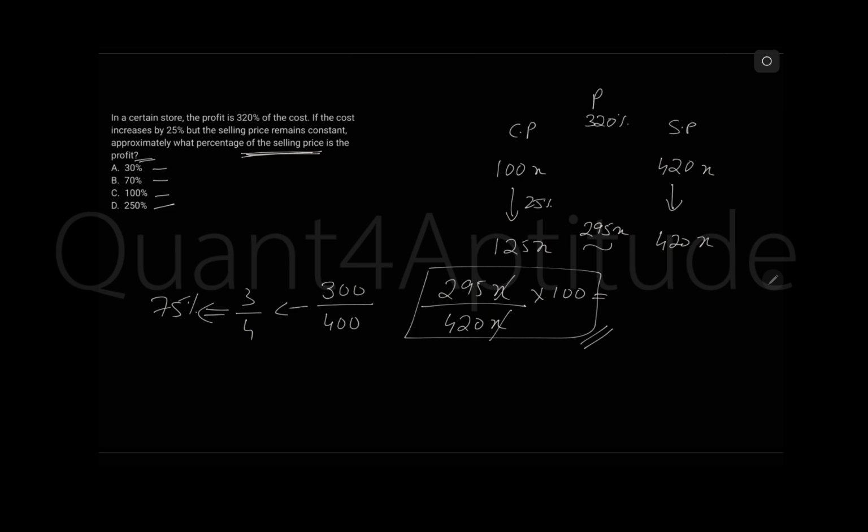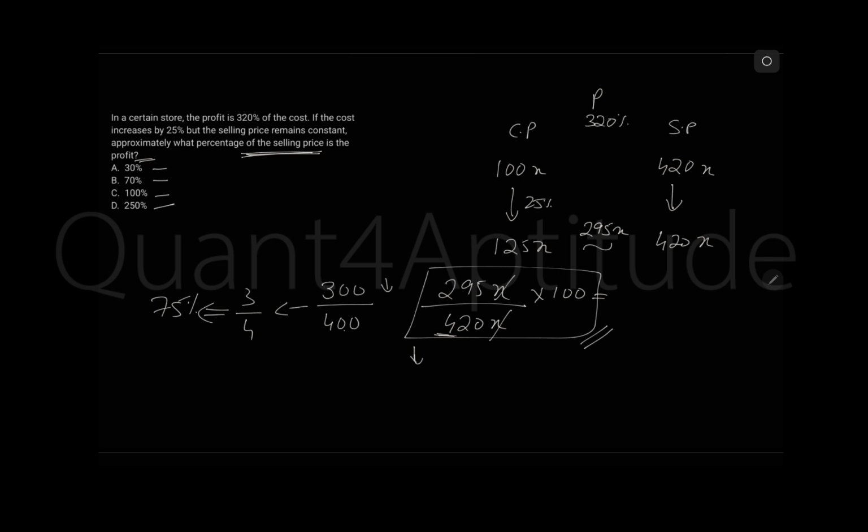Now is there a 75%? No. There is one value which is very close to 75, less than 75. There is one value above 75 which is fairly far away, that is 100%. Now this numerator is slightly lesser than 300, which means this fraction has to be lower. This denominator is greater than 400.